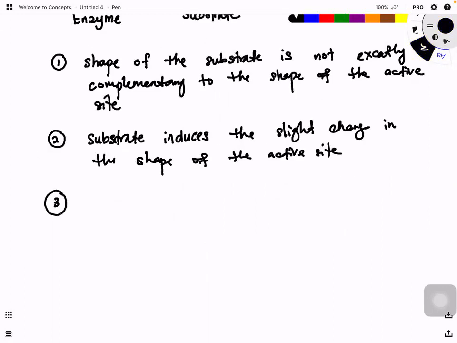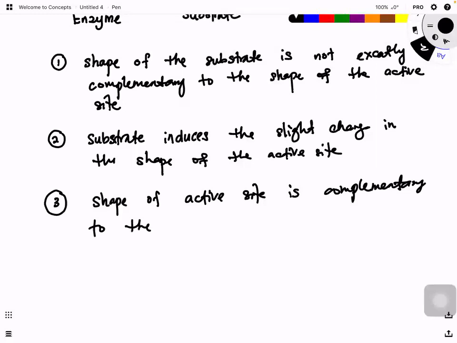So now the shapes of the active sites is complementary to the shape of the substrate. Are you clear? Only now they can do this. Are you clear? Then the rest, you can see that forming the temporary bonds and so on. Okay, form the ES complex by forming these temporary bonds, lower down the activation energy and form the products, reaction takes place and so on.